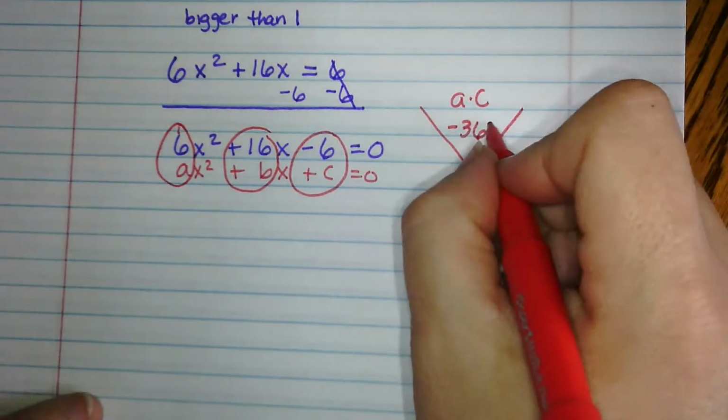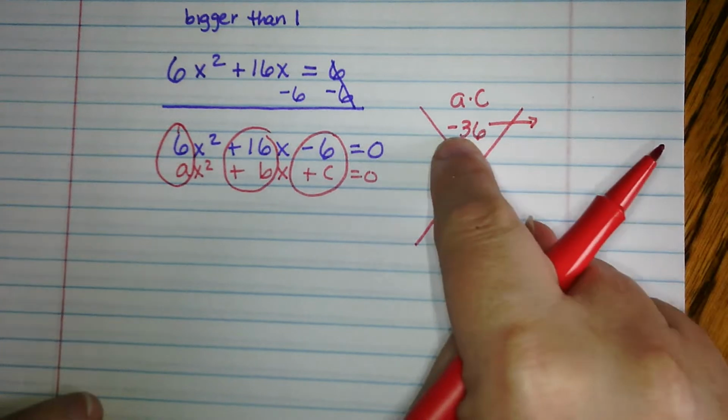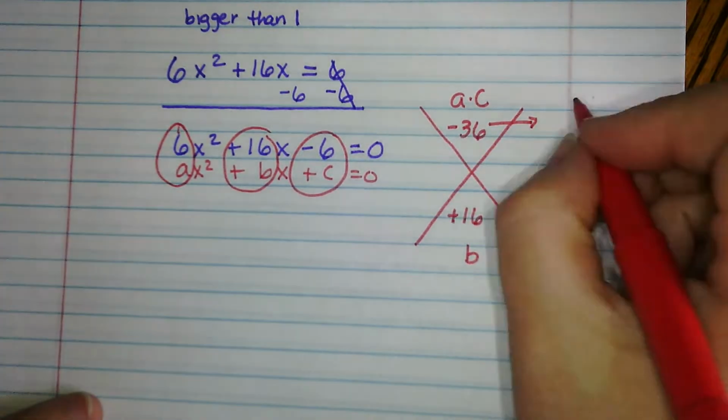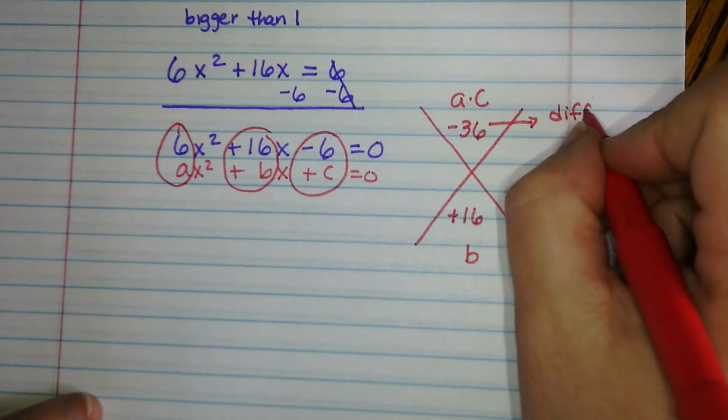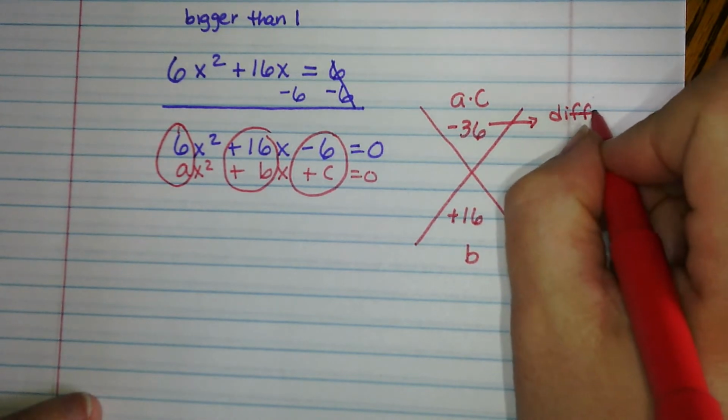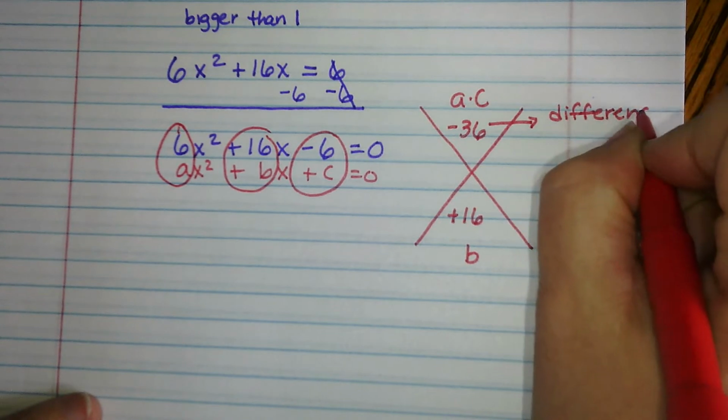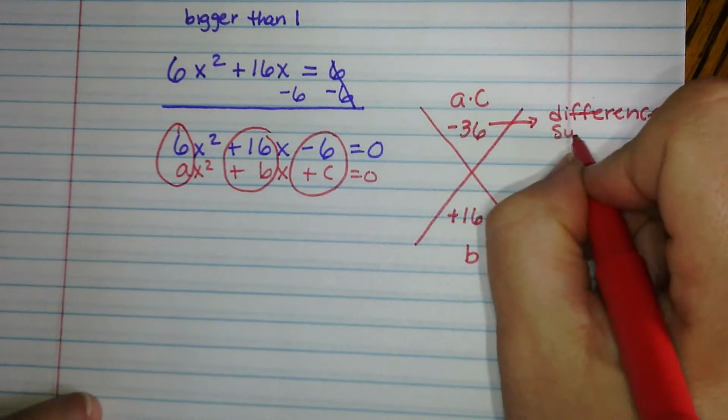So recall that when we have a negative on the top, that means you have different signs. You need to find the difference, so you're going to subtract the factors.